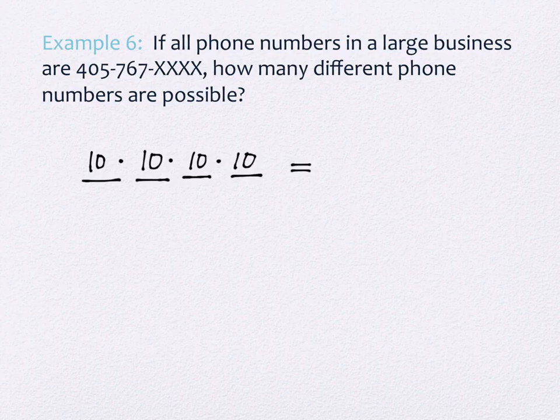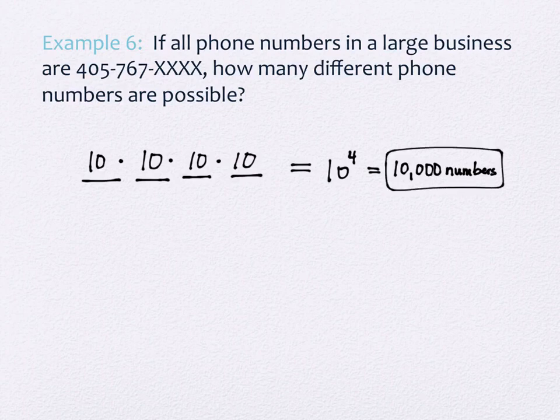So what is 10 multiplied by itself 4 times, besides being 10 to the 4th? Yeah, it's 10,000. There are 10,000 numbers. You could have a fairly big company, right? And still share those first same 6 digits.